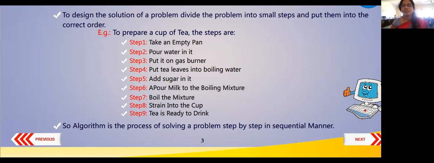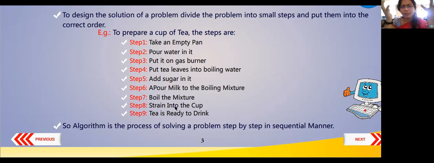So this is the algorithm, whatever we have written in front of us, these nine steps, take an empty pan and all. Whenever we are planning a program, or trying to solve a problem, to find a solution to the problem, first we write down the steps to solve it, right? First we do this, second this, then this.